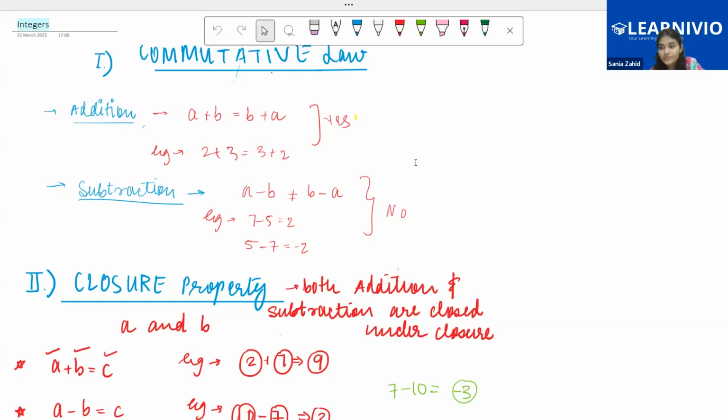What are integers? Yes, Abdul. Where there is a number which has a negative sign and a positive sign, and 0. Okay. So on the number line, I have a 0, I have positive numbers, I have negative numbers.